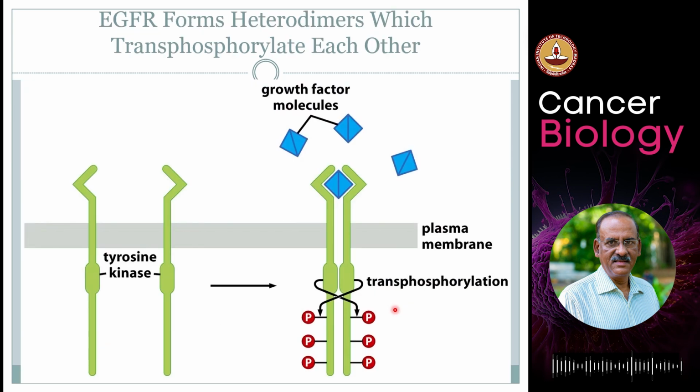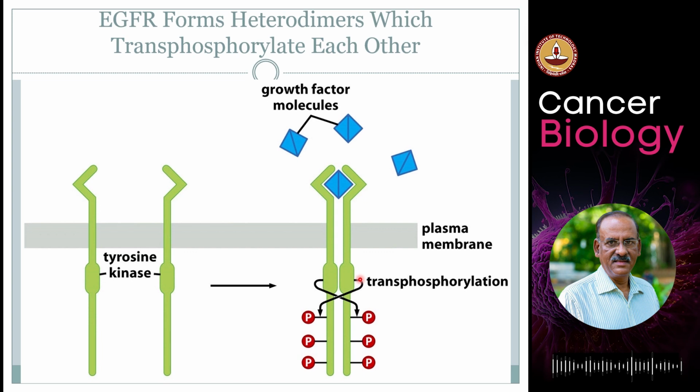The very important thing is that when the growth factor molecules bind to the receptor, there is transphosphorylation. Actually, if both are EGF receptors, you call it autophosphorylation, but it is actually one kinase phosphorylating the other. So there must be two molecules involved. It is in fact a transphosphorylation because one receptor phosphorylates the other.